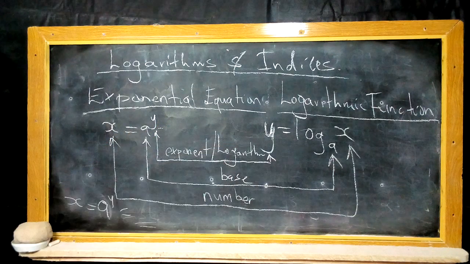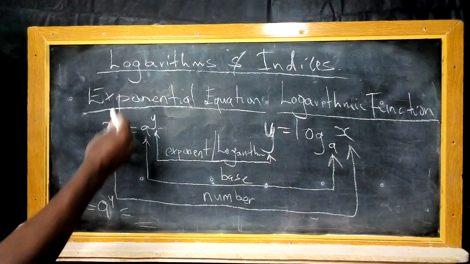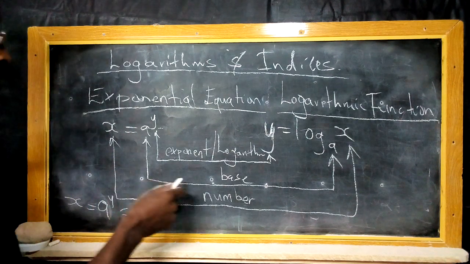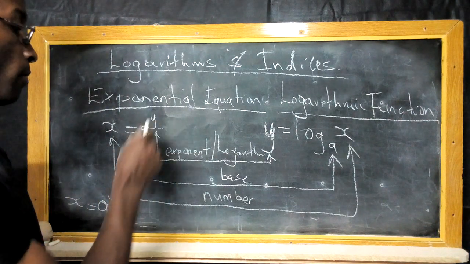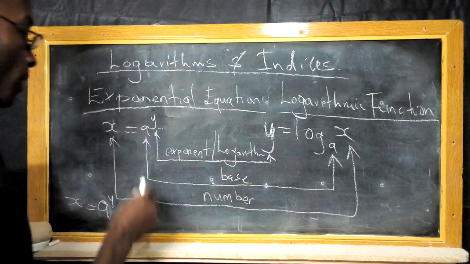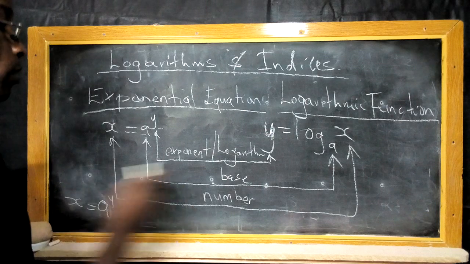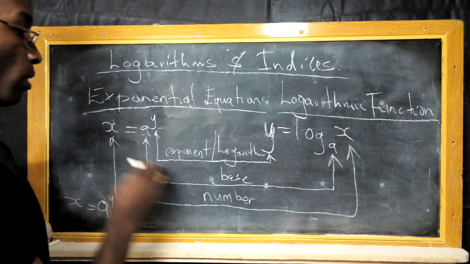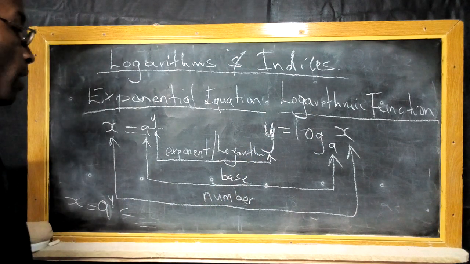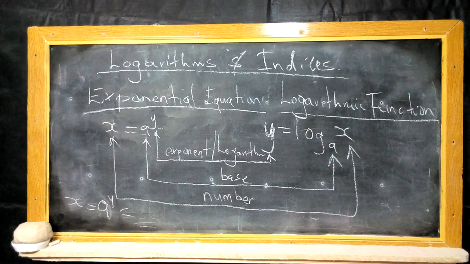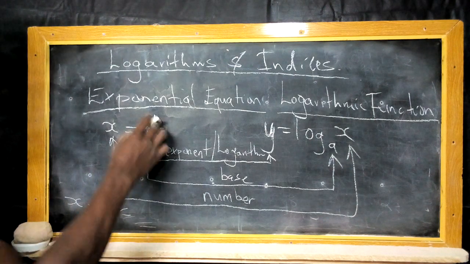So that is the relationship that exists between exponential functions and logarithmic functions. When you convert from an exponential function to a logarithmic function, this is log to base a, so on the logarithmic side it becomes a base, whereas it's just a number that is raised to power y.